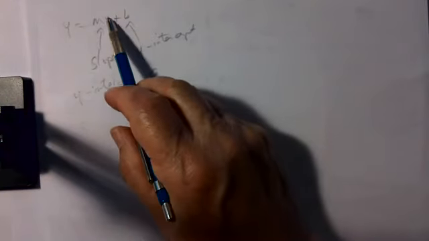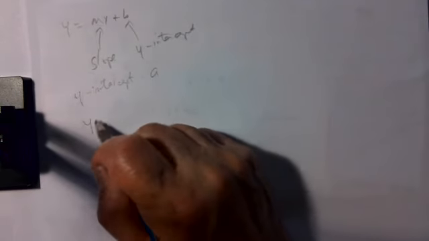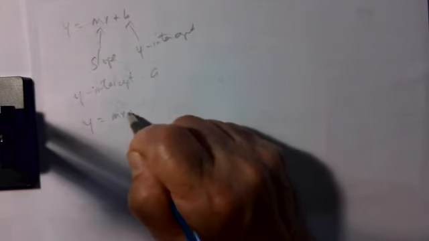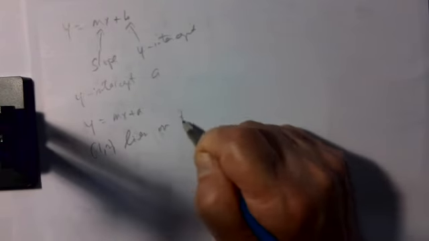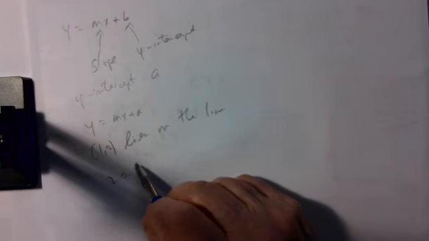So that means when x is 0, y is a. So y is going to be mx plus a. And we're also told that the point 1, 2 lies on the line. So 2 is equal to m times 1, that is x equal 1 and y equal 2, plus a. So we have some relationship between m and a.